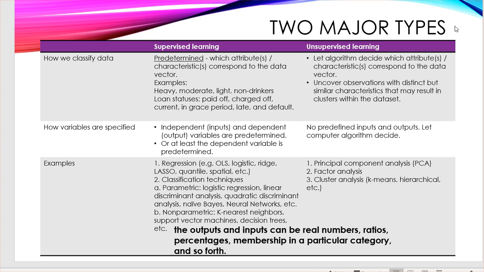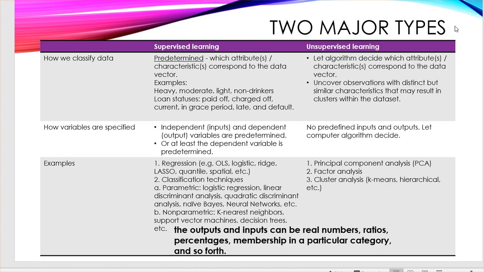Or even if we don't predefine the inputs or independent variables, at least we determine the outcome or dependent variable beforehand to indicate the focus of our study or research.